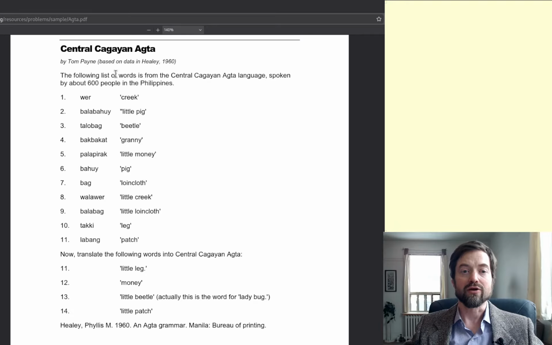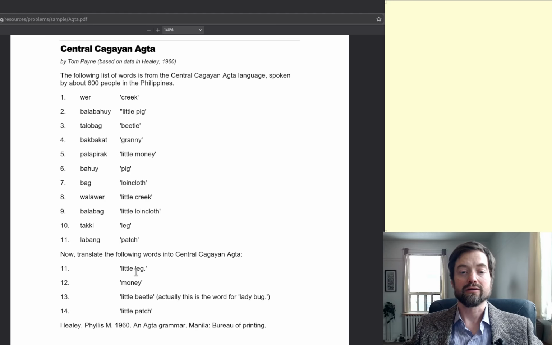But let's now take a look here. What does this look like? We begin with a list of words, 11 words with English translations. And then the only thing being asked for is to make these further translations. Translate these back.